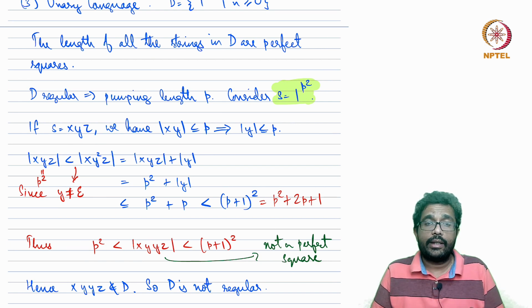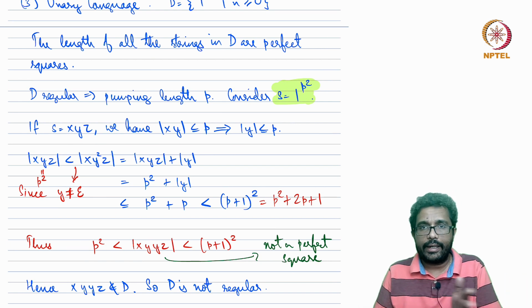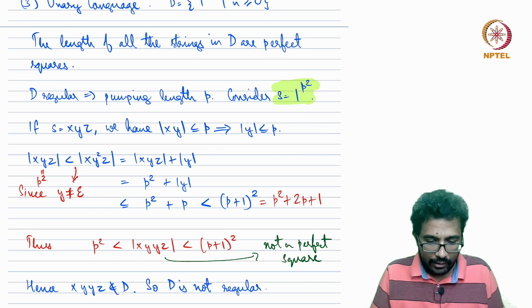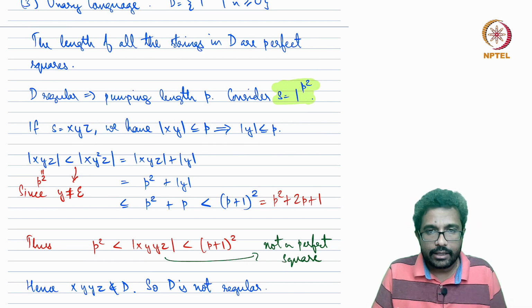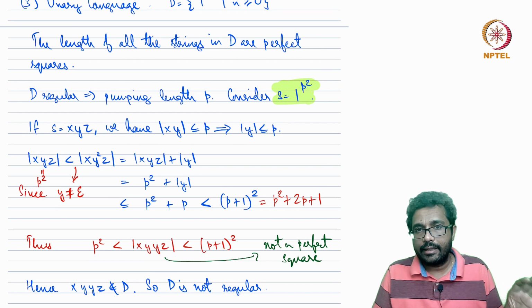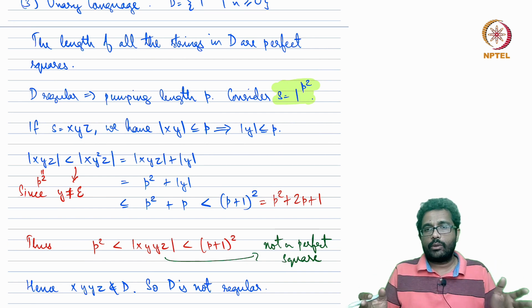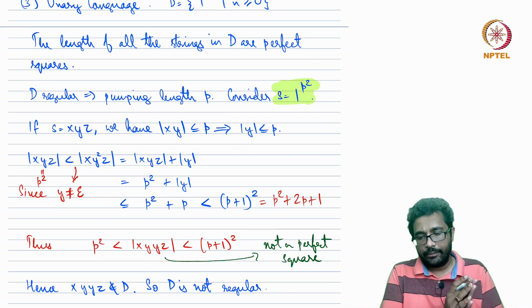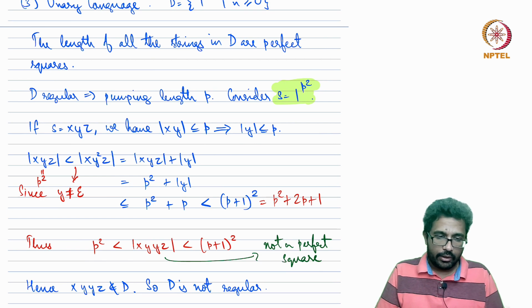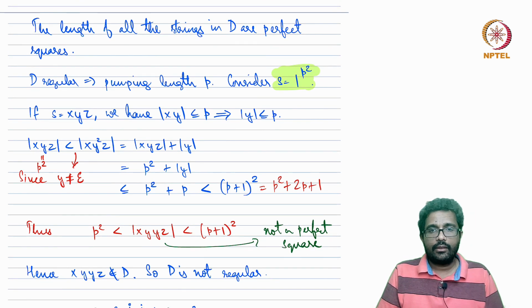Condition 2 tells us that y is non-empty, so the length of y is between 1 and p. Then we reasoned that x, y, y, z is of length strictly greater than p square and strictly less than p plus 1 whole square. Hence the length of x, y, y, z is not a perfect square, and hence it is not regular.